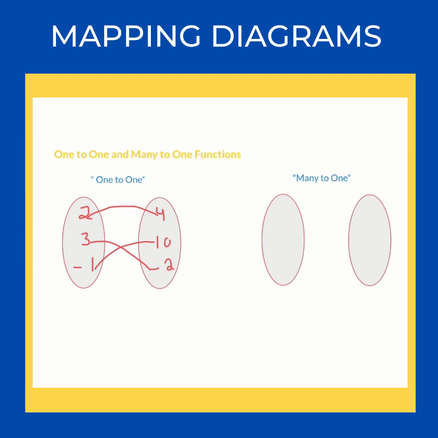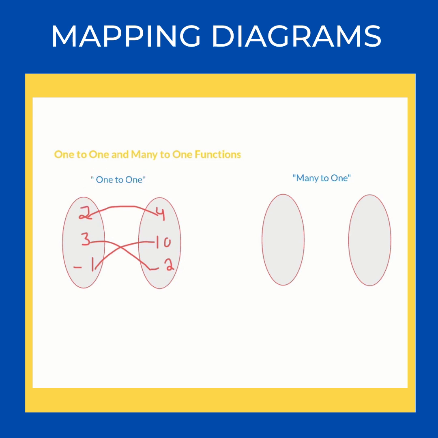Why is this function called a one-to-one function? Because each element in the first set is mapped to only one element in the second set. So that's why it's called one-to-one: one element to one element.